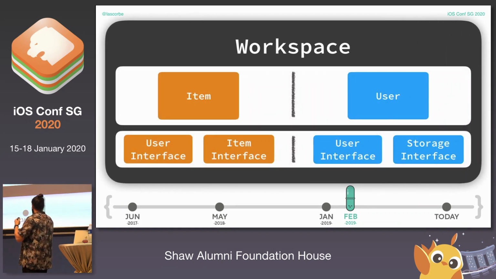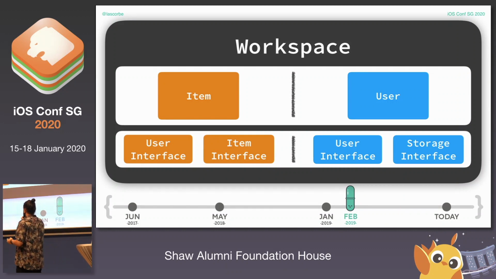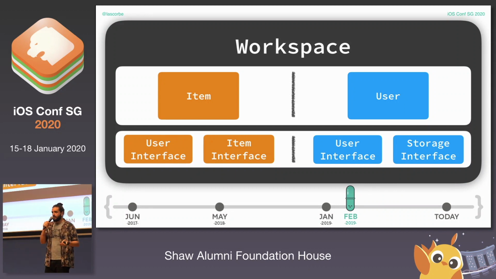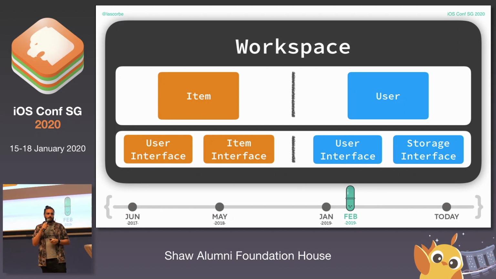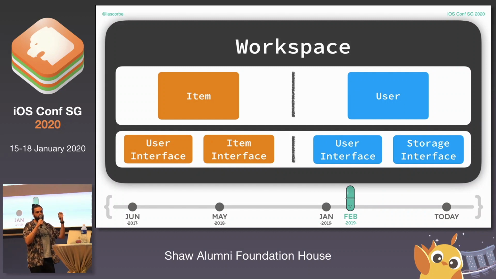So imagine that, for example, we have the module item, and it exposes the item interface, but it also knows about the user interface. And then we have the model user, which is exposing and knows the user interface, and it also knows the storage interface because it has to save some data or the session, whatever.